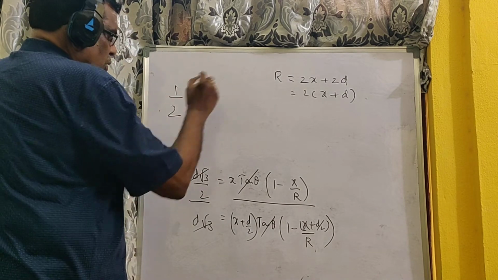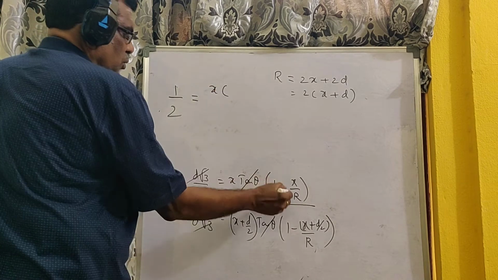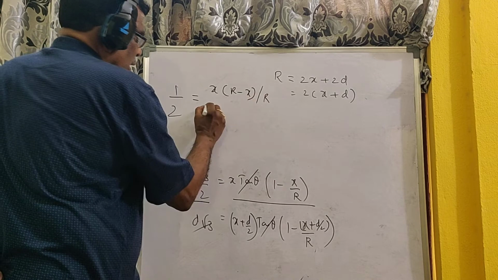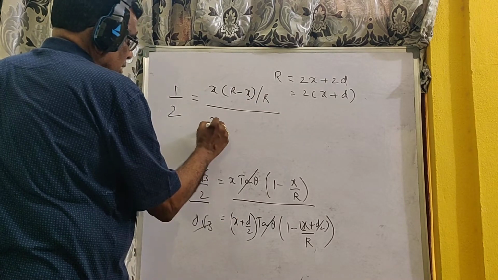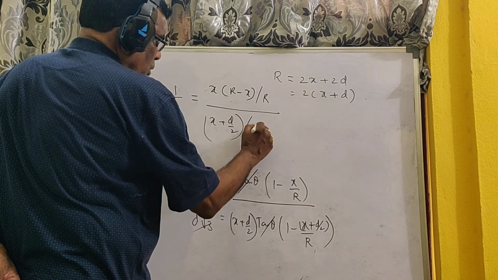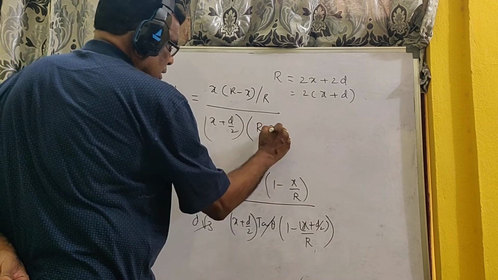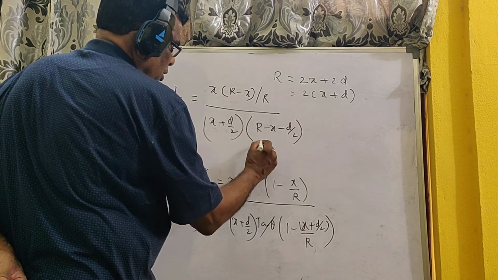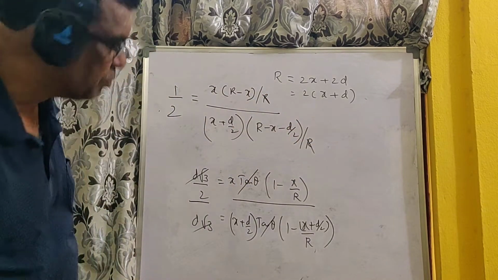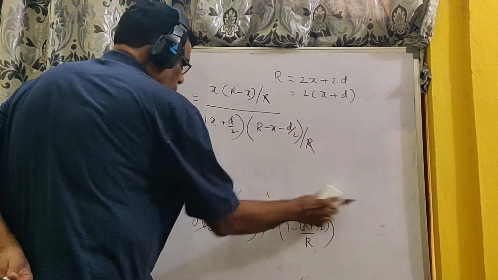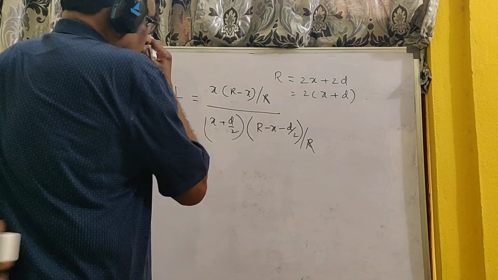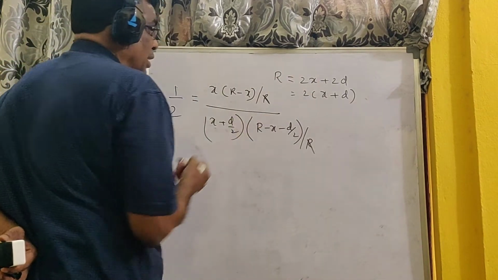So 1 by 2 is equal to x into r minus x by r, and this is x plus d by 2 into r minus x minus d by 2 by r. This r also gets cancelled. Now you have an equation where the variables r and x are related.